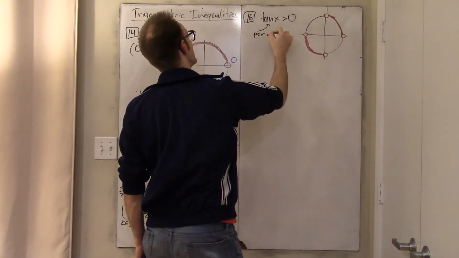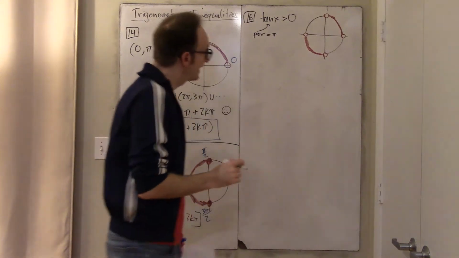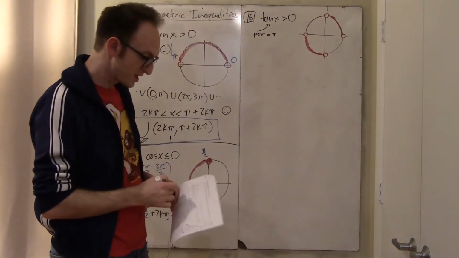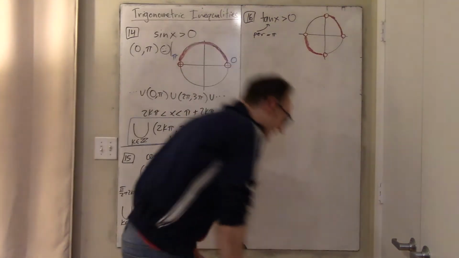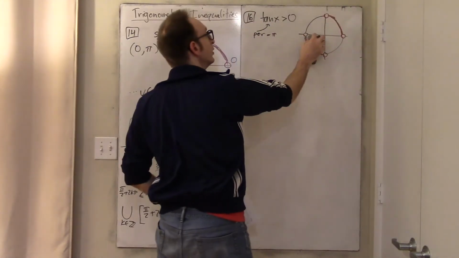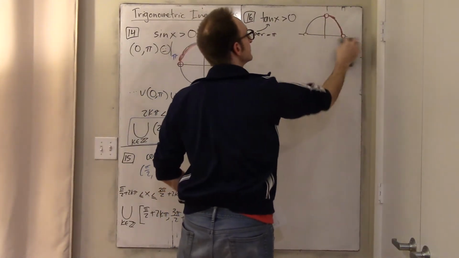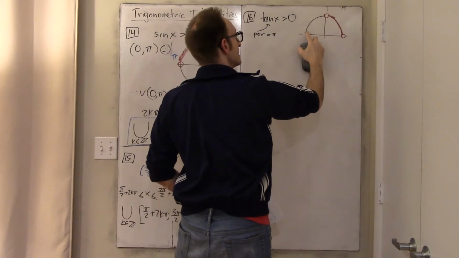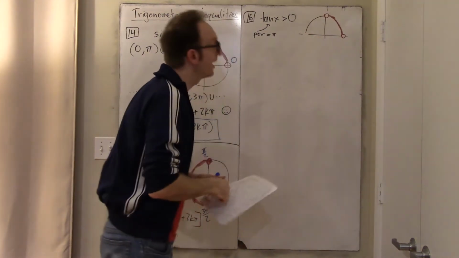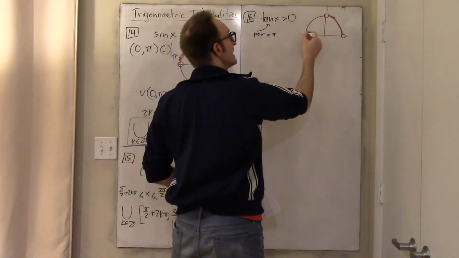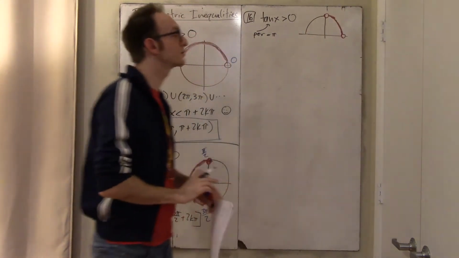And since the tan function has a period of pi, then it suffices to consider the behavior of the tan function on only one half of the unit circle, because after that it's just going to repeat.